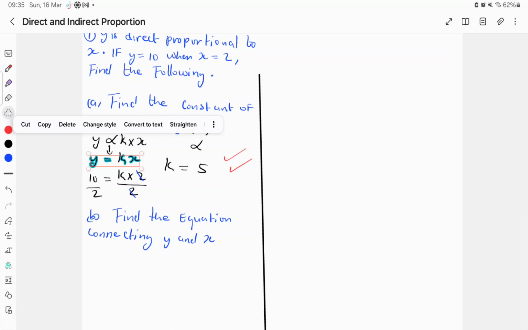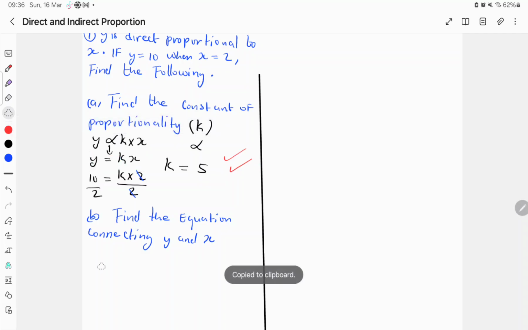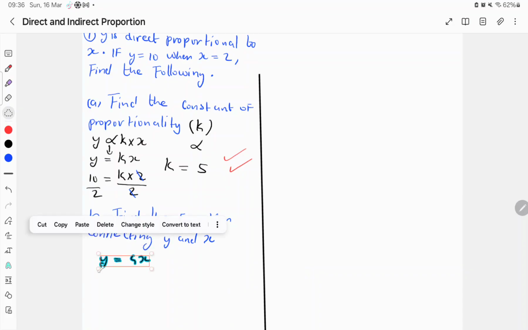Replace k with its value. Leave the y and the x as letters. Only the k must be replaced.